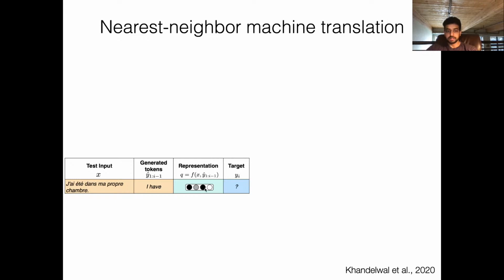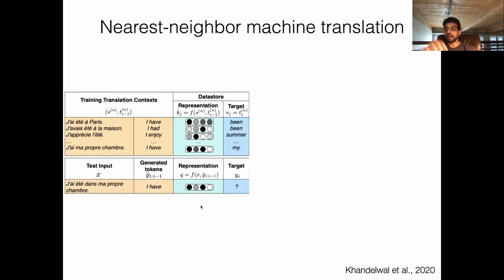We take this representation and use it to query a data store of sentences and parts. So instead of just feeding this to the softmax directly, I'm going to use it to query this data store over things that I've cached in my training data set.